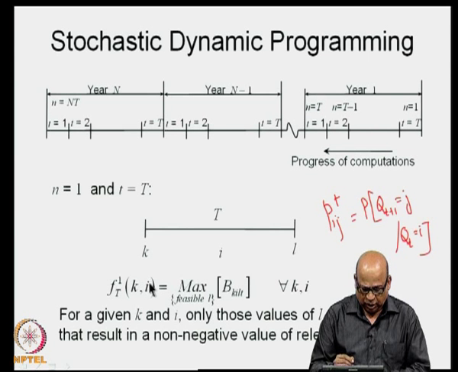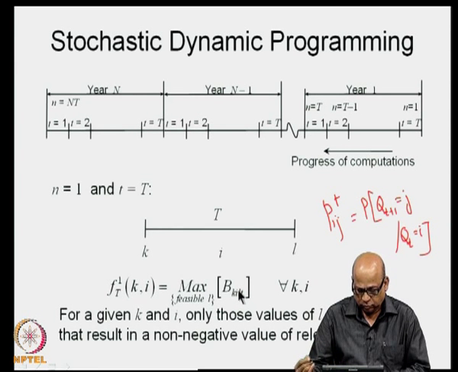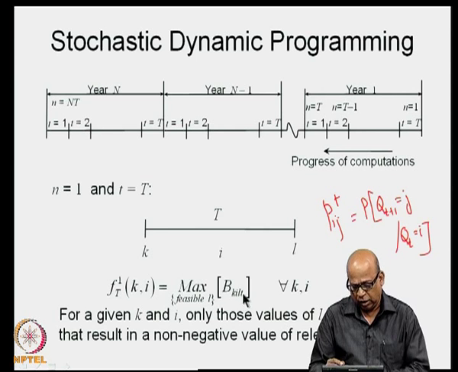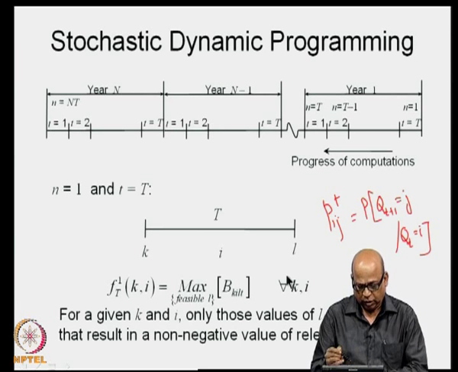For a given k and I, we may want to maximize the system performance measure B(k,I,L,t). From the last lecture, recall that this is the return from the system or the system performance measure, which depends on the storage at the beginning of the time period t, k, the inflow during the time period, I, and the end of the period storage L in the time period t.